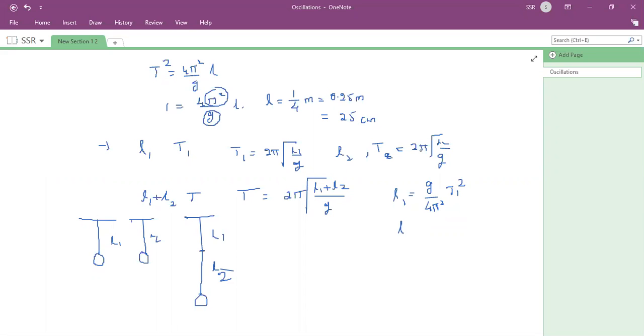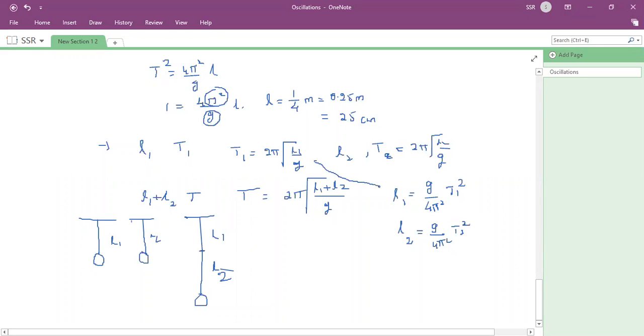L2 is equal to g by 4 pi square into T2 square. Are you agree this? From the above equation I have written this. Then what is L1 plus L2? From the third equation, L1 plus L2 is equal to g by 4 pi square into T square.